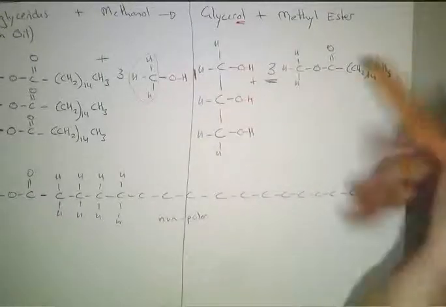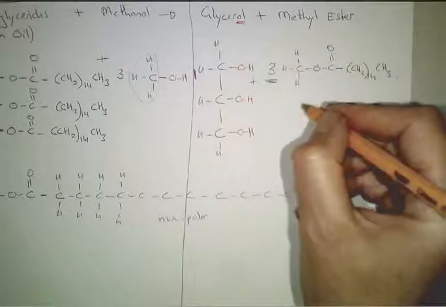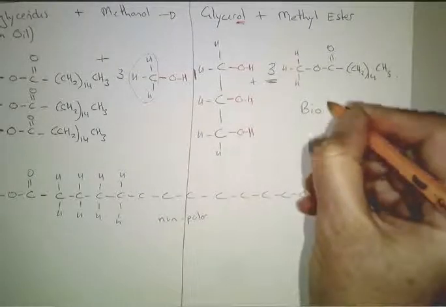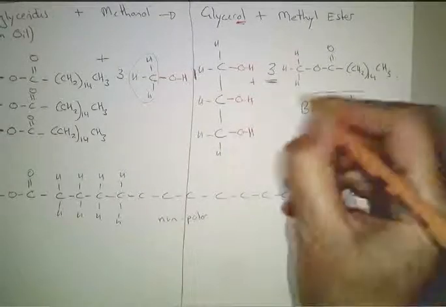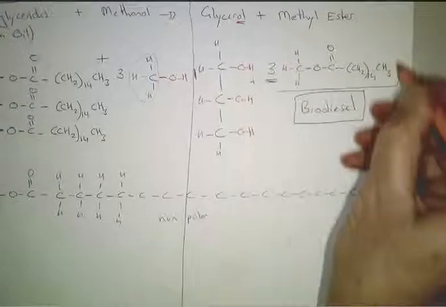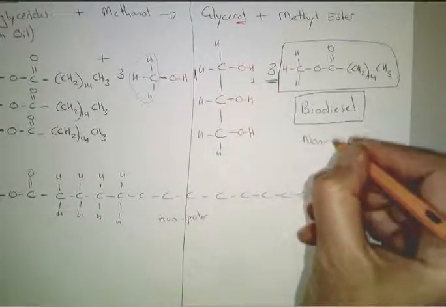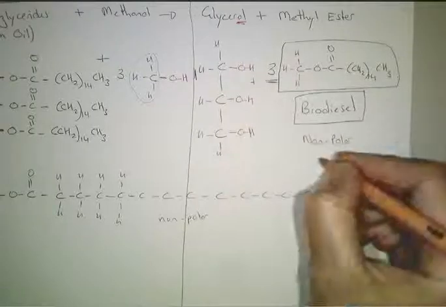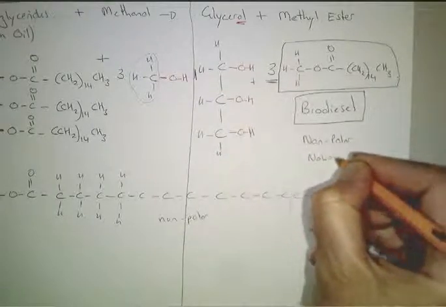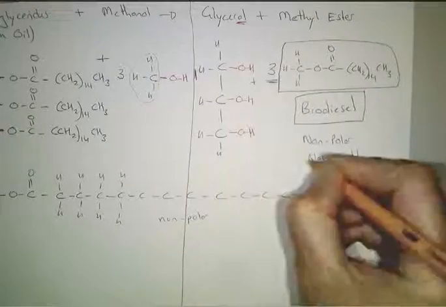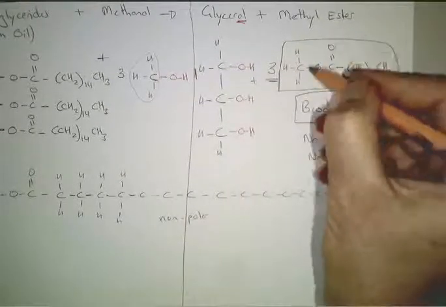So your methyl ester, your biodiesel, this is the whole point. Biodiesel, that's what this is. Your biodiesel molecules are non-polar, so they're not soluble. However, this end here can attract water molecules.